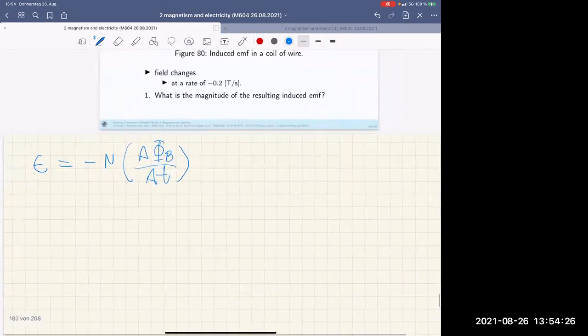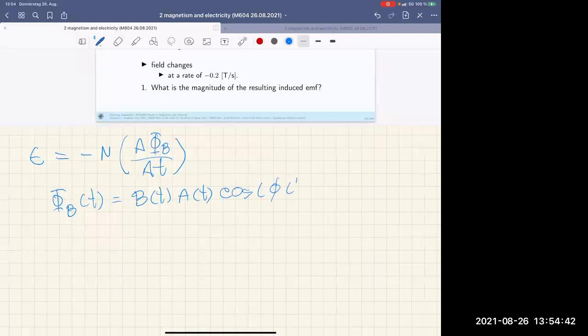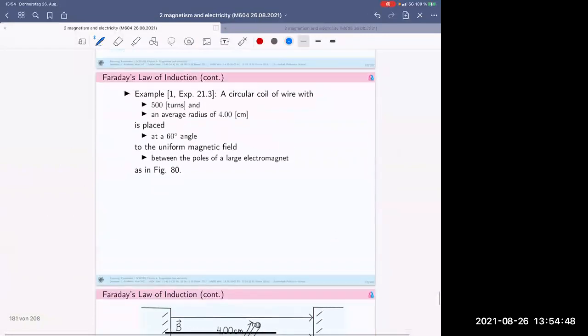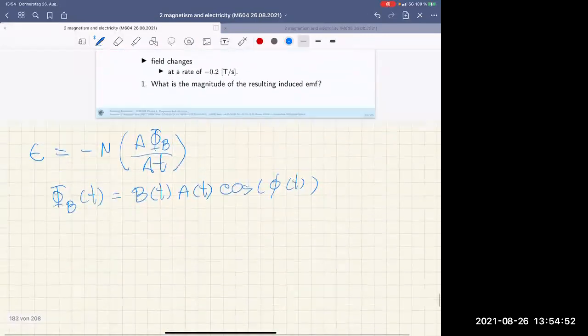And we'll go ahead with that. Phi B(t) is B(t) A(t) cosine phi, which depends on t, and we will see which one. It doesn't rotate, so phi doesn't change.